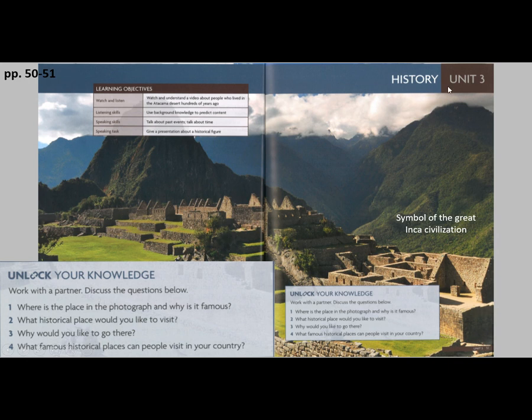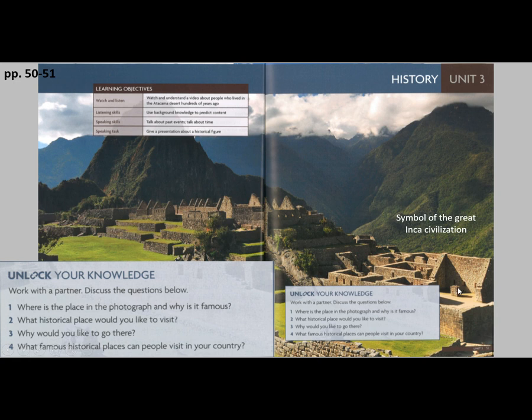Or maybe you are interested in history and you would like to go and see this place to understand Inca history in the 15th century. Or maybe you like old stone buildings, historical buildings, and you would like to see them. And also, you could answer no, I wouldn't like to go there.